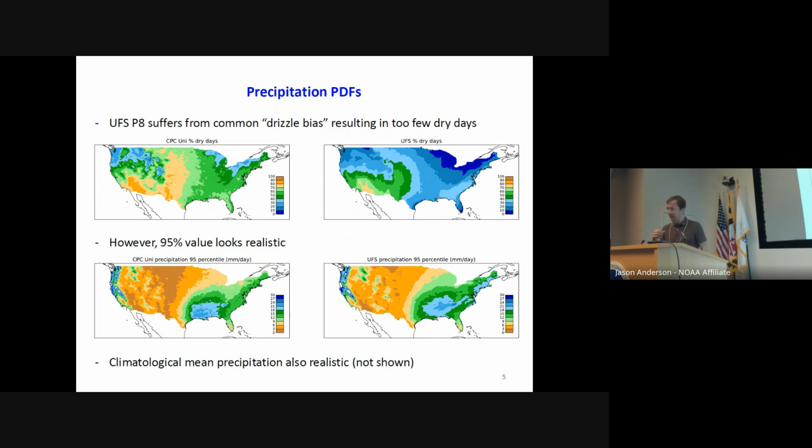But if we look at the other tail, the 95th percentile in these bottom plots, it looks pretty good to me: the actual values and the geographical variation. Over the Rockies it's around 3 millimeters per day, reaching up to 30, especially on the West Coast, which is more of the focus of this talk. Climatological mean precip also looks pretty reasonable in the model. Again, this is wintertime, October to February.